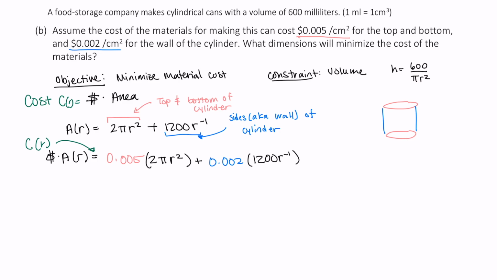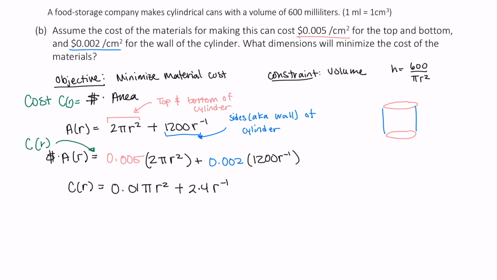Okay, well, let's simplify this function first. So C of r is equal to, and by simplifying, I'm saying we should be multiplying out what we can. So 0.005 times 2, we end up with 0.01 pi r squared plus, now 1200 times 0.002 will give us 2.4 times r to the negative 1 power here.